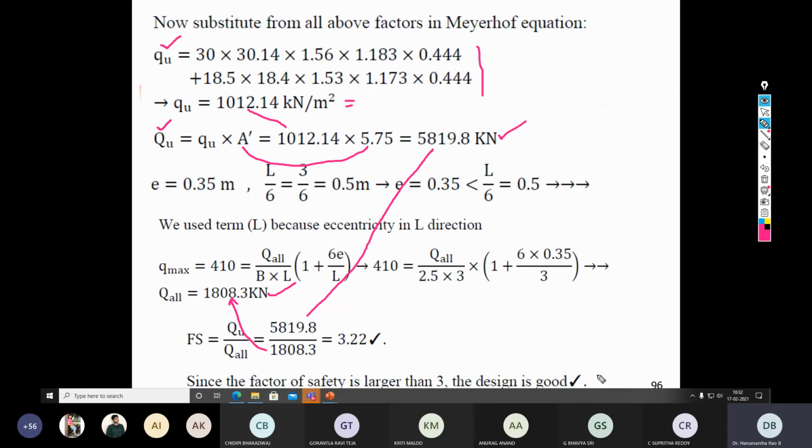Now the question remains: suppose the factor of safety is less than 3, what shall we do? What is the precautionary measure that we will exercise if the factor of safety is less than 3?